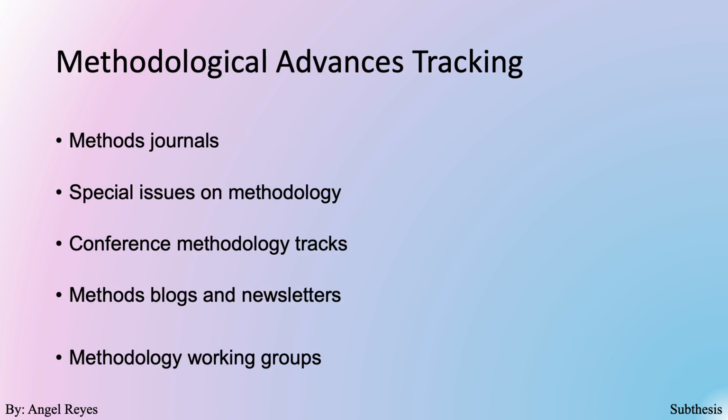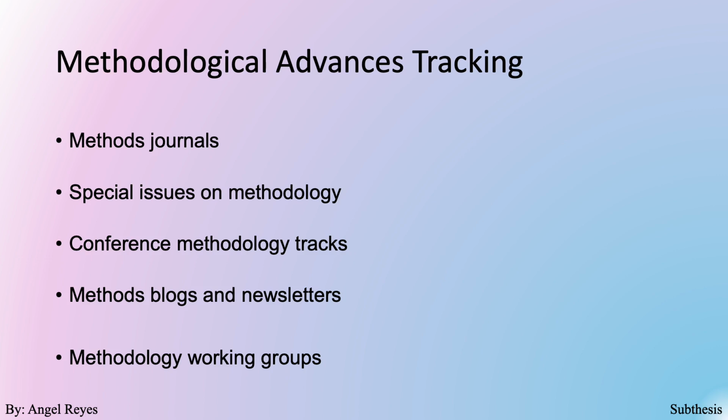To stay informed on evolving research methods, follow methods-focused journals such as Field Methods or Journal of Mixed Methods Research. Look for special issues within broader journals that focus specifically on methodology. Attend conference tracks dedicated to research methods.